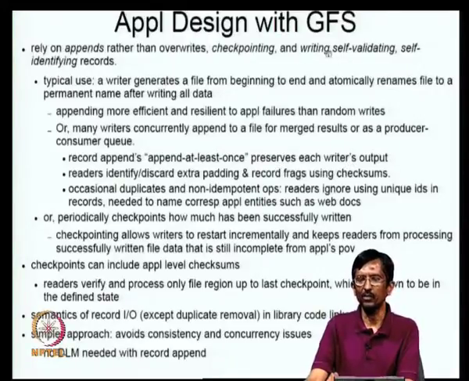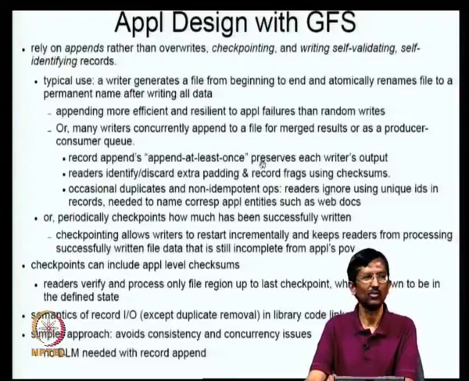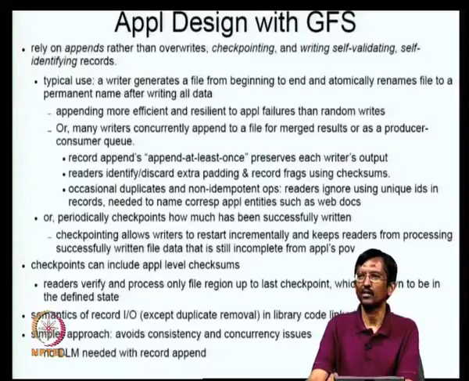Here it is done using self-validating, self-identifying records. You write sequence numbers, and those sequence numbers tell you whether this is an extra copy of something that has been written. So the application actually has to understand these things. It knows that these kinds of things can happen and has to proactively handle them.